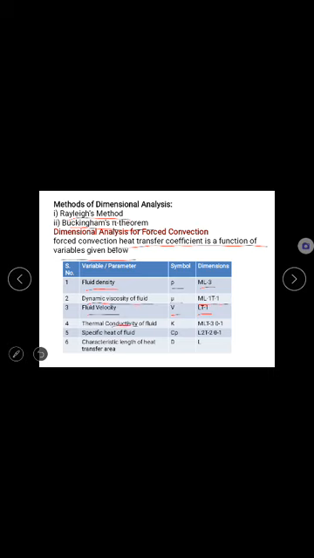Then thermal conductivity of the fluid shown by k, its dimensions are MLT raised to minus 3 theta raised to minus 1. Then specific heat given by Cp, its dimensions are L raised to 2, T raised to minus 2 and theta raised to minus 1. Then the characteristic length of the heat transfer area is capital D and its dimension is capital L.